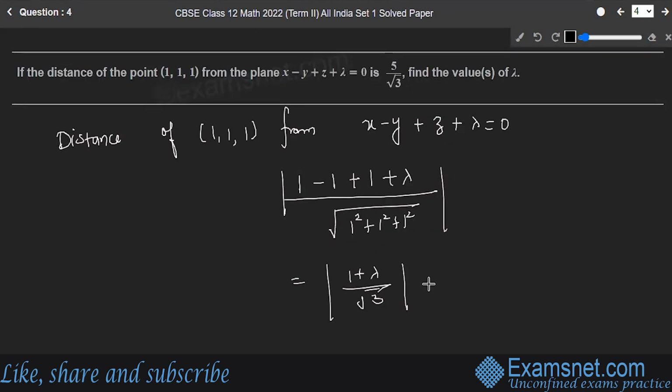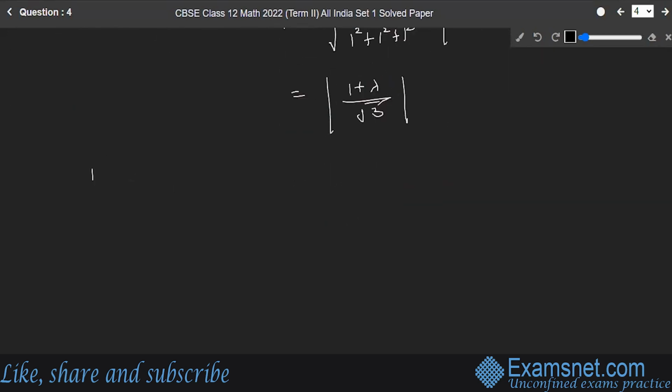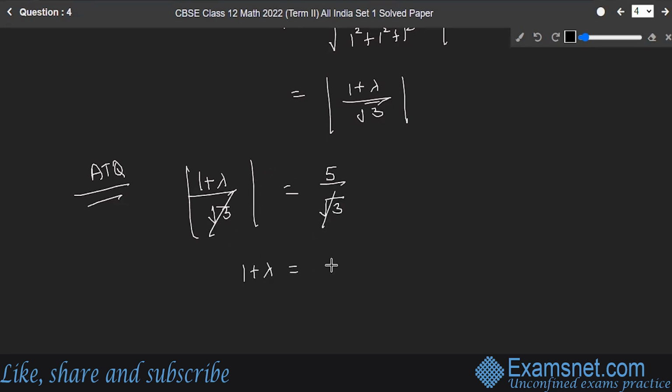Now you're given that this is equal to 5 upon root 3. So according to the question, 1 plus lambda upon root 3 is equal to this, right? And these two will cancel. You will have 1 plus lambda is equal to 5, or lambda is equal to 4, right?